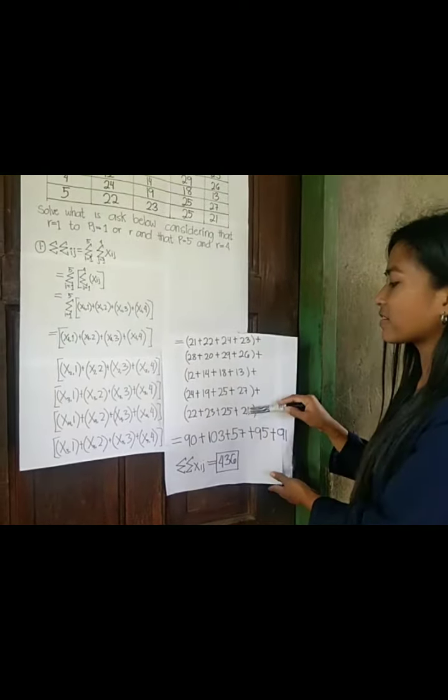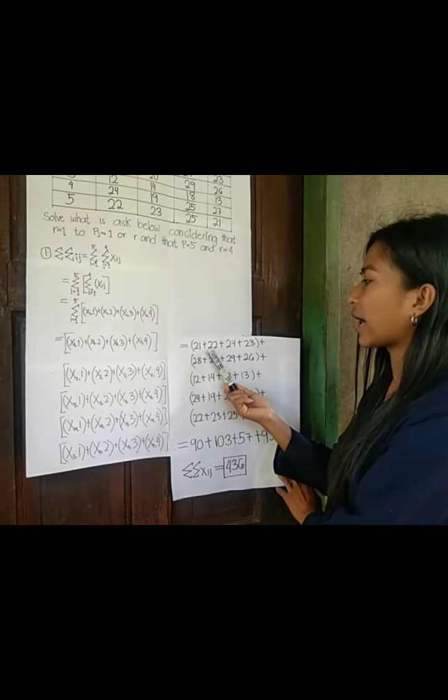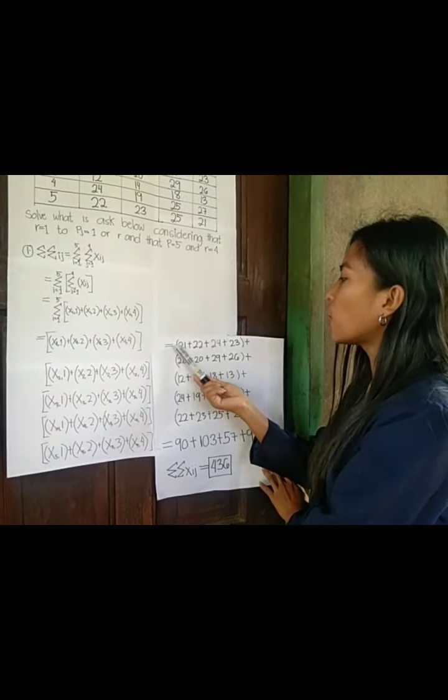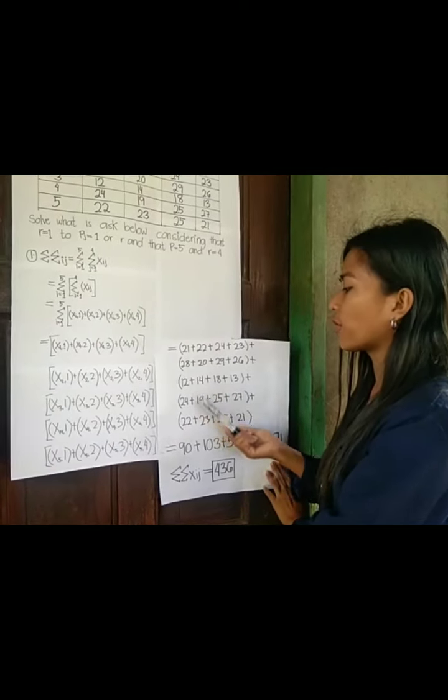And after this, we add them, since the operation is addition. So we add all of row 1, row 2, row 3, row 4, and row 5.